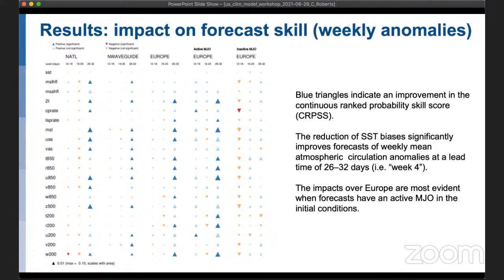So here the blue triangles indicate an improvement in the continuous ranked probability skill score, again aggregated over grid points and start dates. So although we saw this limited impact on the mean state, the reduction of the SST biases still improves forecast skill at week 4 of these atmospheric circulation anomalies. And these impacts extend beyond the North Atlantic and actually circumnavigate the globe along the Northern Hemisphere waveguide. And another interesting feature is that the impacts over Europe are really only evident when we have an MJO in the initial conditions.